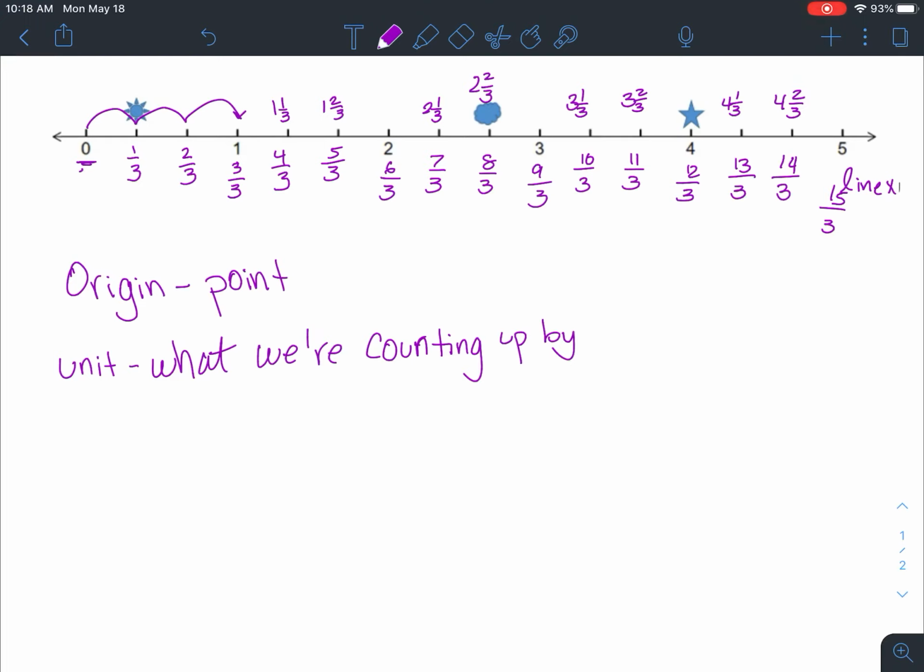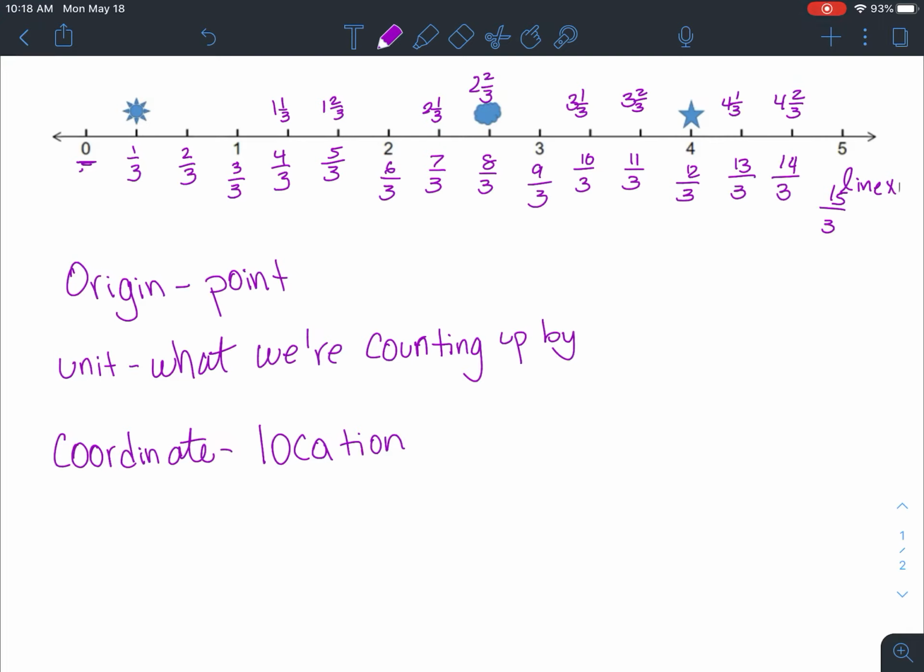Now, let's learn about the coordinate. When I'm looking for the coordinate of something, I'm looking for the location. For example, I want to know the coordinate of the sun.